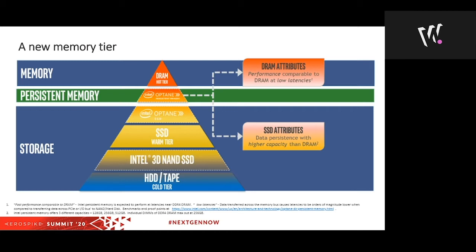So Intel Optane Persistent Memory fits right in between the two. It has the attributes of DRAM in terms of performance and latencies, and some attributes of SSD in terms of persistence and capacity. I'll put some more concrete numbers to these terms on a later slide.